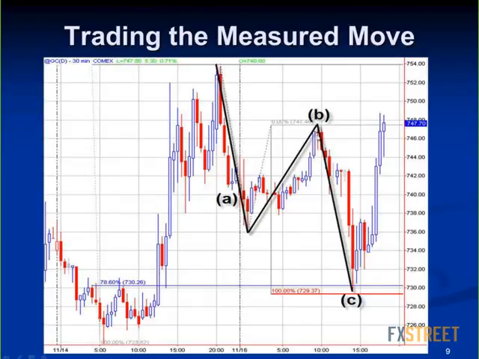And just at the apex there at B, we can see one of these rather strange doji pin bar type candles, which very often do show us what a reversal is going to be. And that's exactly what does happen. Price then starts this move on the way down, and the distance it travels is exactly the same as the distance traveled in the A move. That is a perfect measured move.